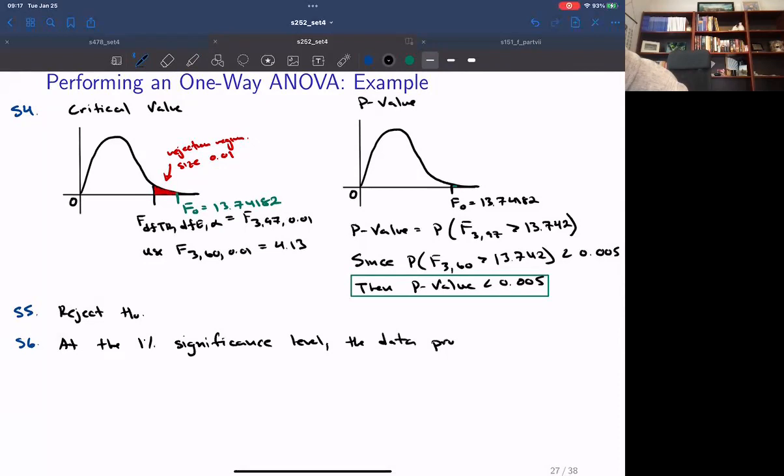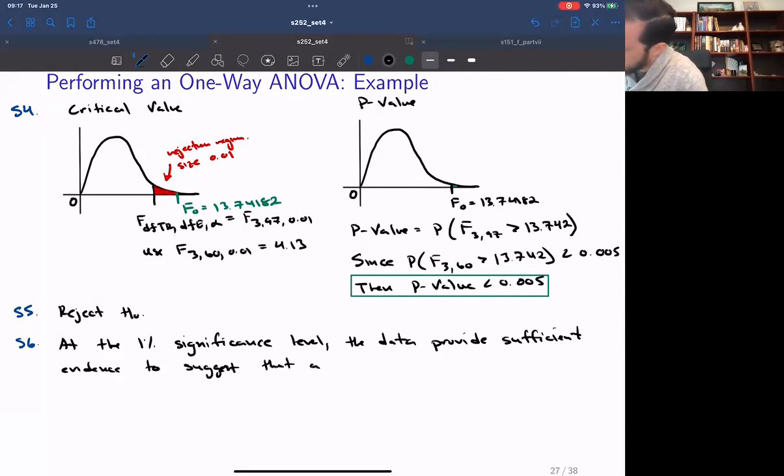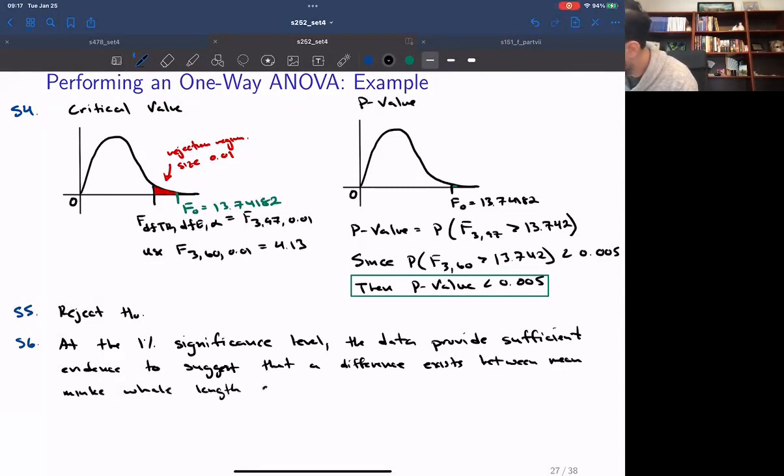data provide sufficient evidence to suggest that a difference exists between mean minke whale length at each depth.